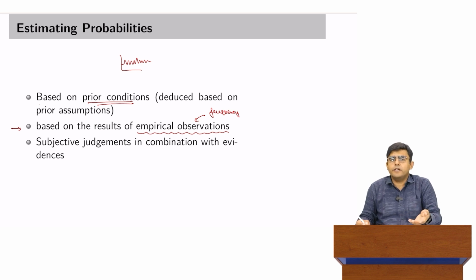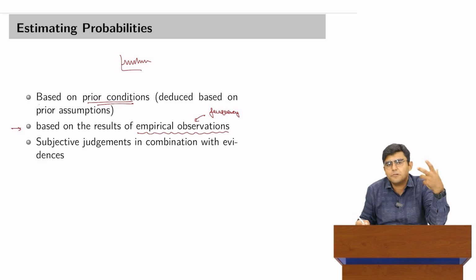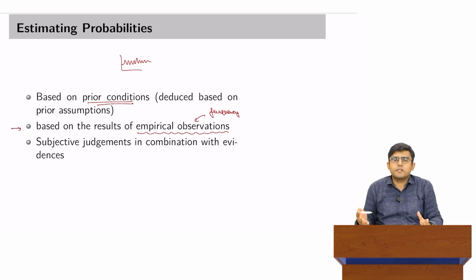So probability of head remains 1 by 2 irrespective of previous outcome. So it may be based on certain prior assumption, prior experience with a particular system or event under consideration.